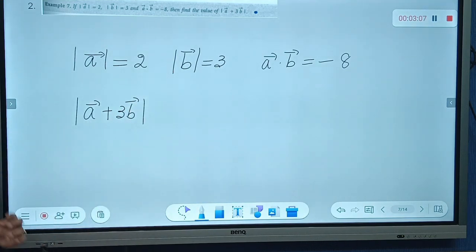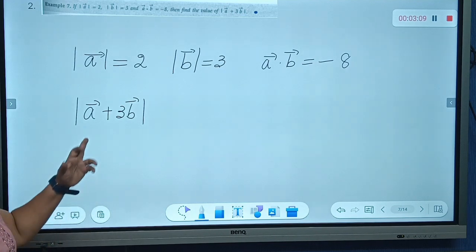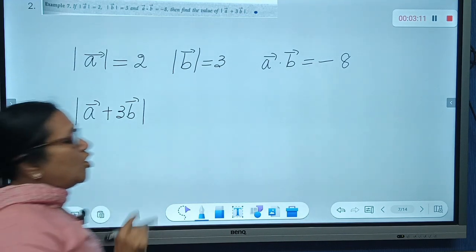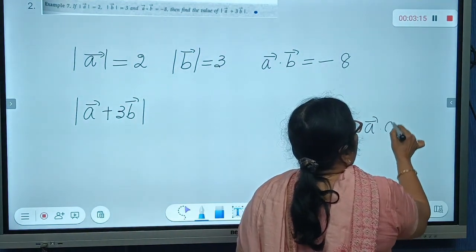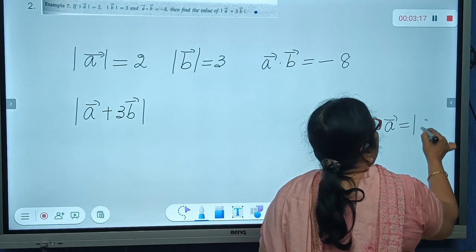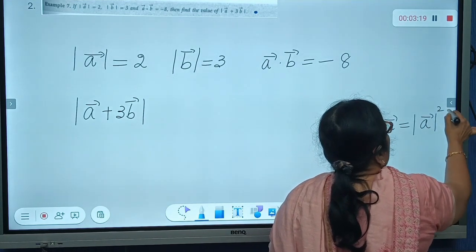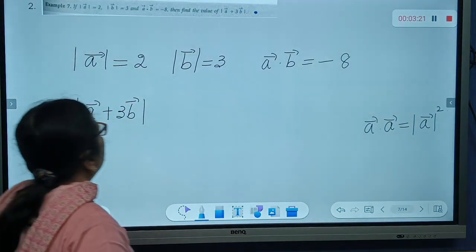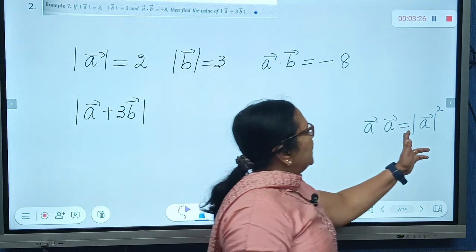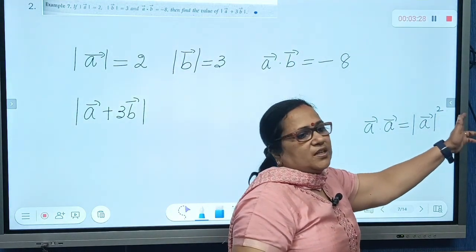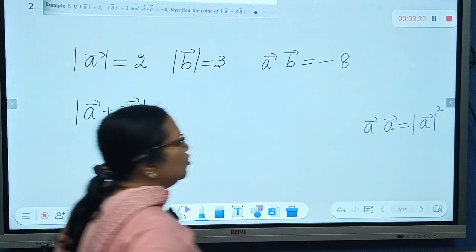Whenever you are asked to find the sum of two vectors, you must always remember this property: a vector dot a vector is modulus of a vector the whole square. So if I take the dot product of any vector with itself, it is equal to modulus of a vector the whole square.